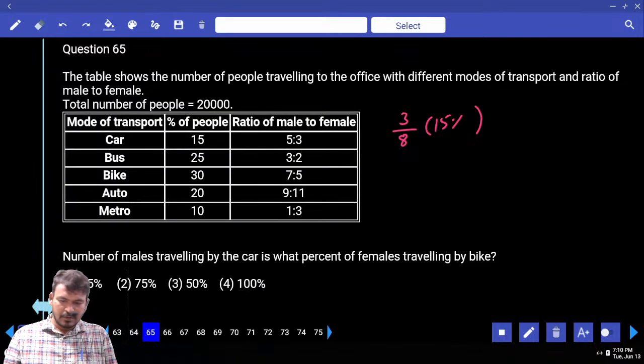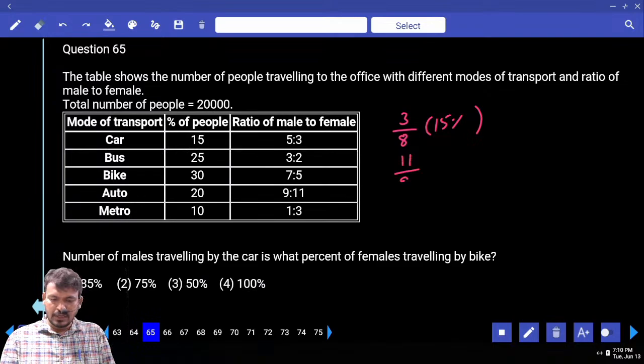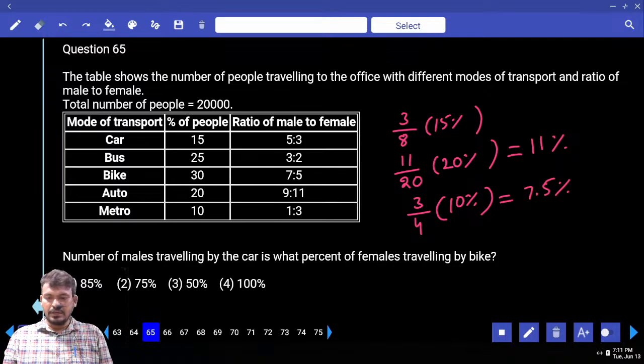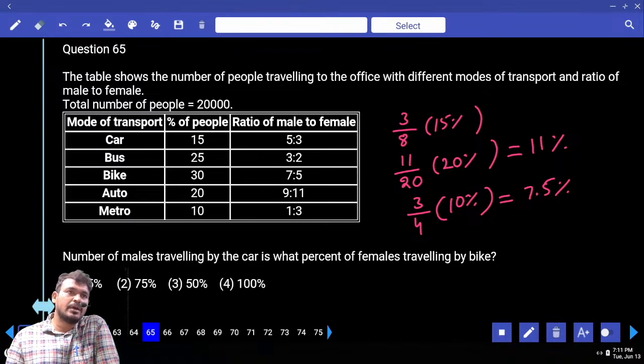Auto means 11 by 20 of 20%. Third one, metro. 3 by 4 of which one? 10%. 11 by 20 of 20 means it is 11%. 3 by 4 of 10 means it is 7.5%. 3 into 15 by 8, 45 by 8.